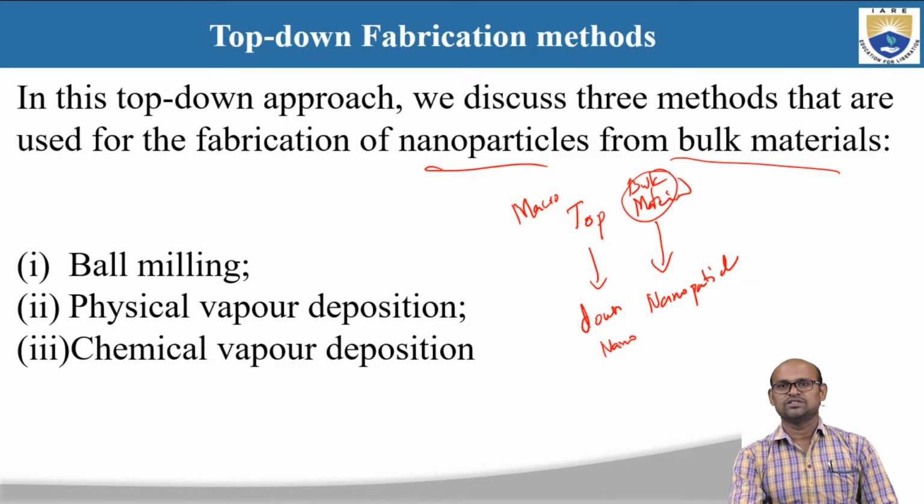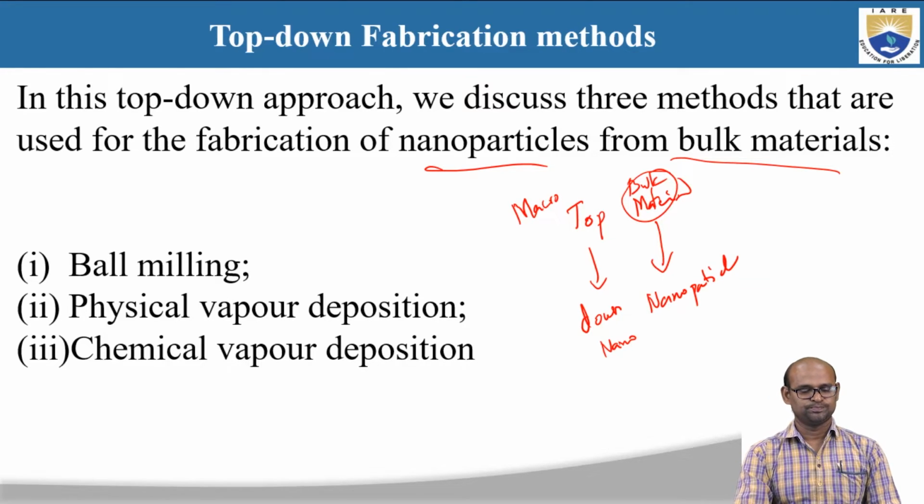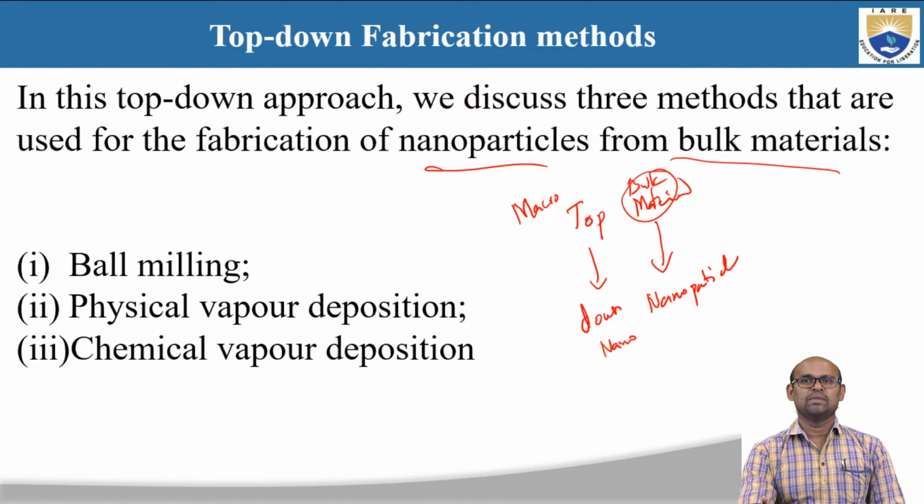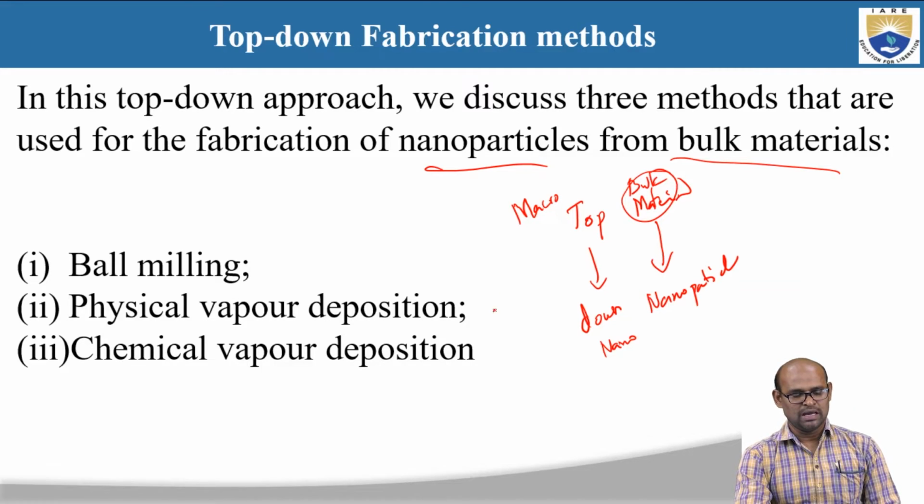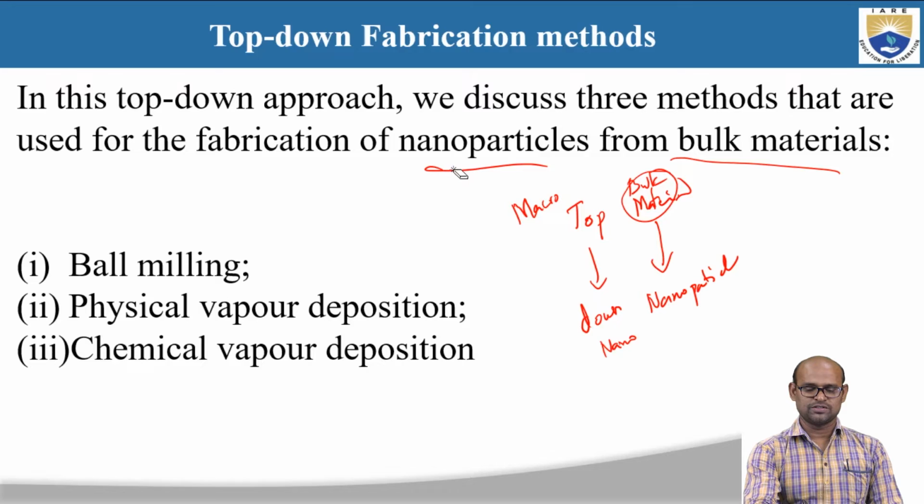There are three methods in this top-down approach where we can divide this bulk material into small size nanoparticles or nanostructures. The three methods are the ball milling method, the physical vapor deposition method, and the chemical vapor deposition method.